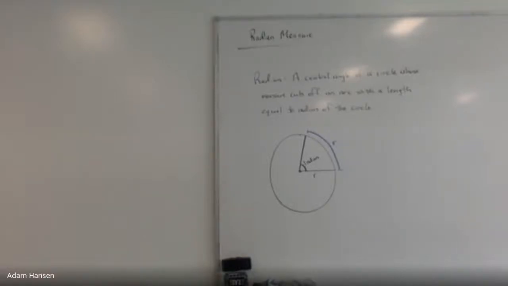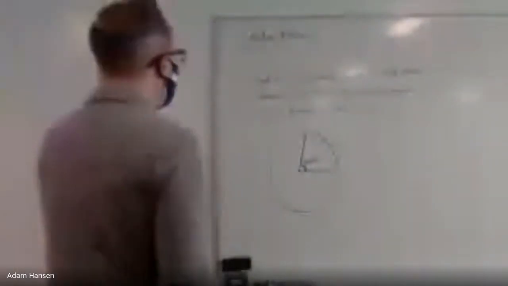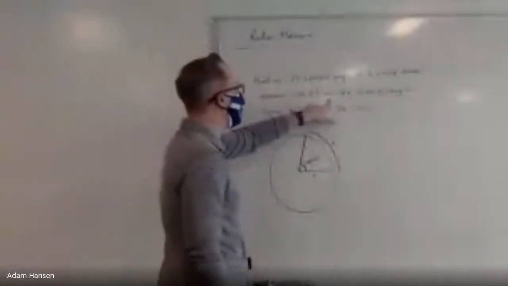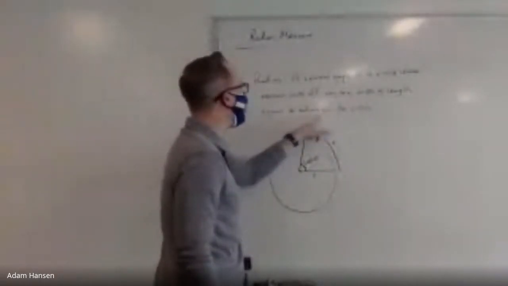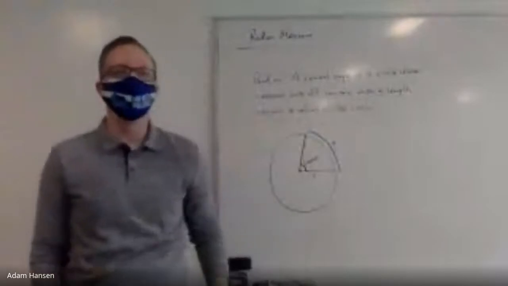Okay. A radian is an angle measure that has a lot to do with the radius. Does that make sense? Radian, radius? By definition, a radian is a central angle of a circle whose measure cuts off an arc with the same length as the radius of the circle.